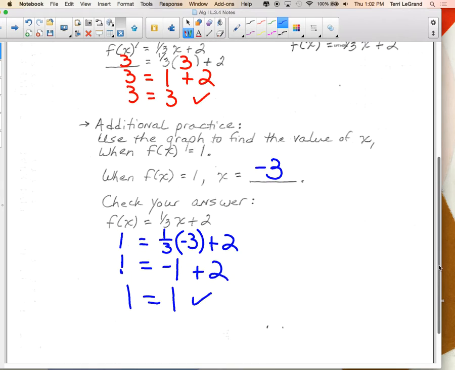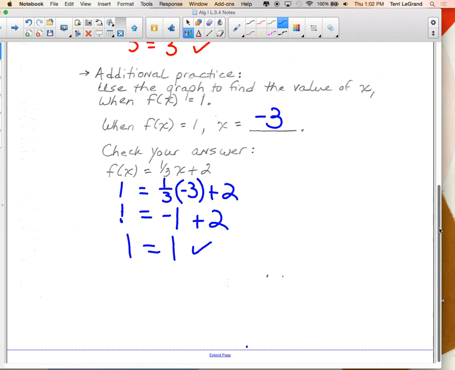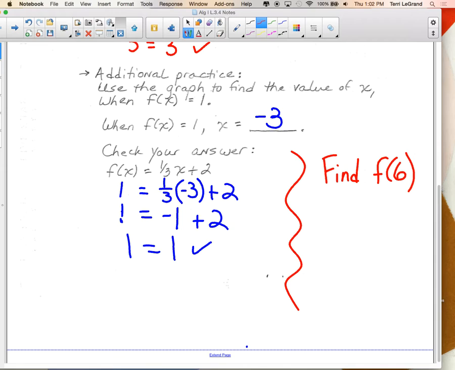So let's just do a little add-on here, okay? Let's practice another one. Let's find f of 6. Find f of 6.